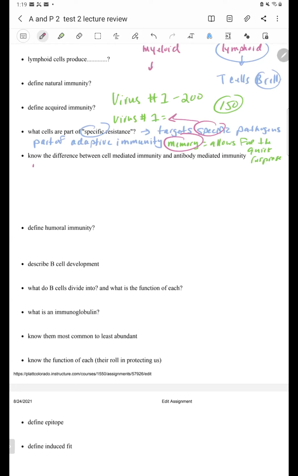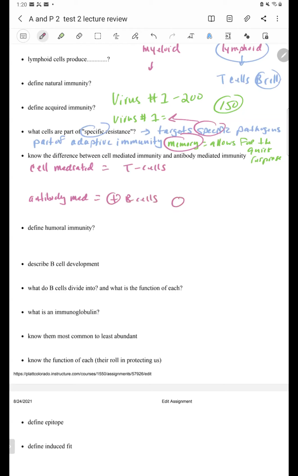So cell-mediated is where you're dealing with the T cells, and antibody-mediated is where you're dealing with the B cells, where you're activating the B cells.